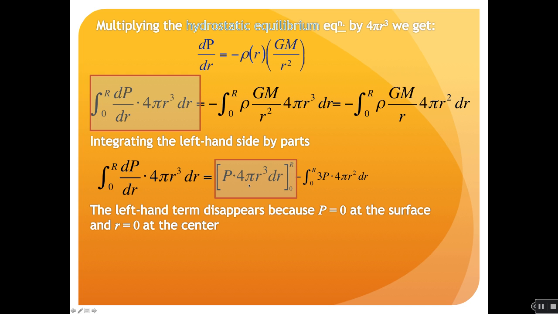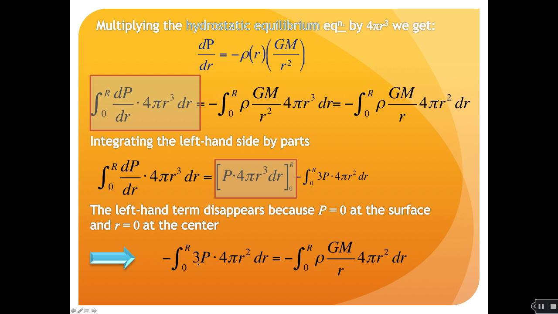this first part just disappears. At the surface, at r equals R, the pressure is 0, and so this whole term goes to 0. At the center, r is 0, so it just goes to 0. Okay? And so that's all disappeared. Now what we've got is that we've converted this term here to this term here.